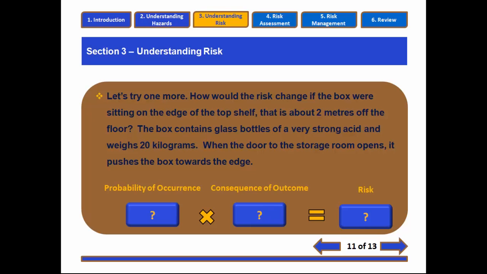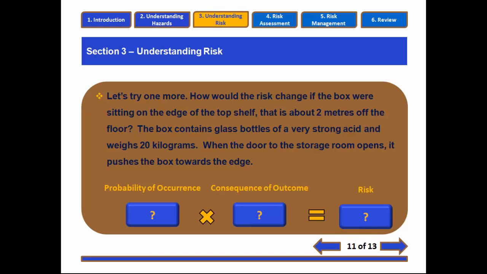So, what's the probability of an occurrence here? Well, once again, it's higher off the ground. In fact, it's above everyone's head, so I think the probability of occurrence is greater. It's harder to manipulate things above your head. So we would assign perhaps a high probability to this situation.